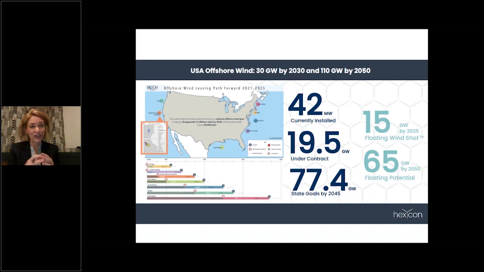Their so-called floating wind shot, again, underlining the importance of goals and targets in helping to align policy and industry's interests. But we are also mindful that when we look to this 110 gigawatts by 2050 target, a significant portion of that is going to be in deep waters.